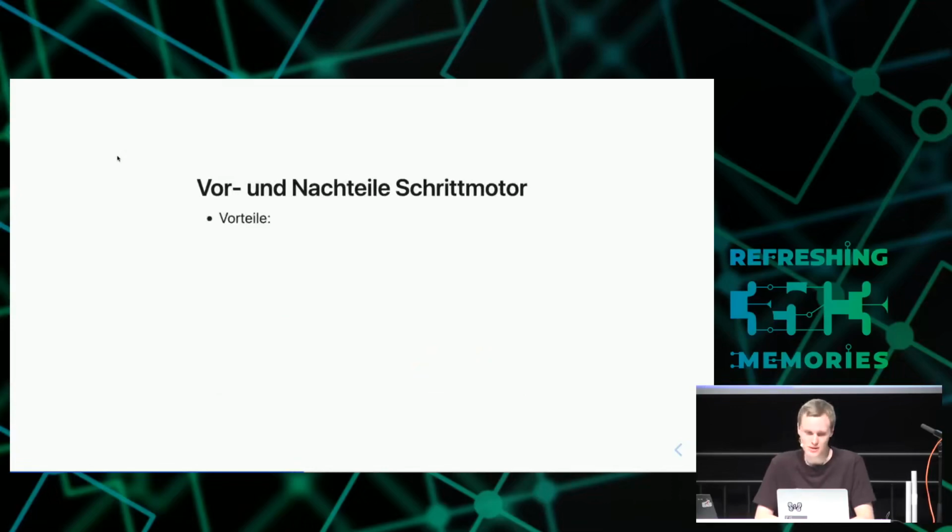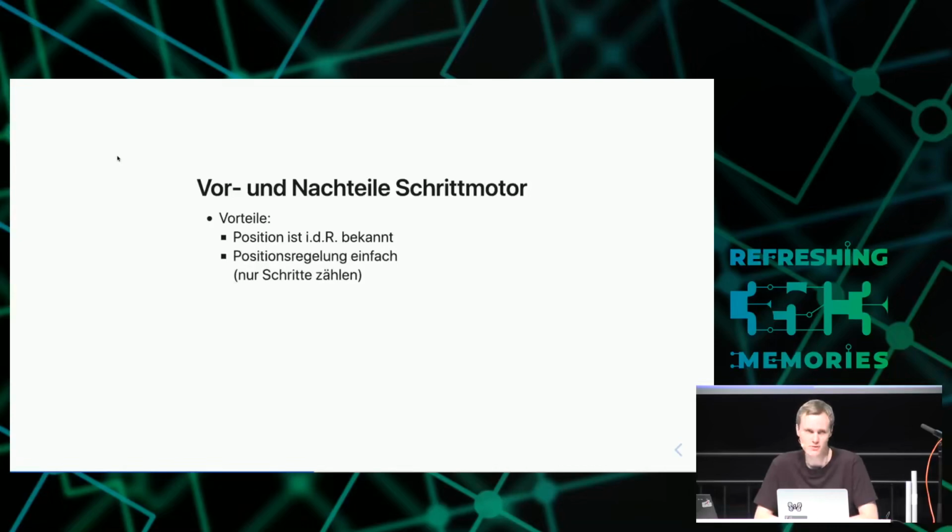So what are the advantages and disadvantages of stepping motors? The advantage is you know the position unless you put too much force or torque on it, then it may skip a step, and then you have a problem. Someone with a 3D printer knows the problem, maybe one layer is shifted then.